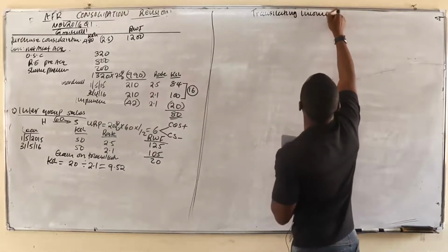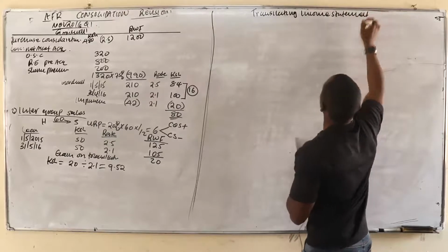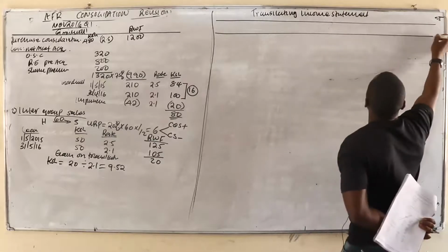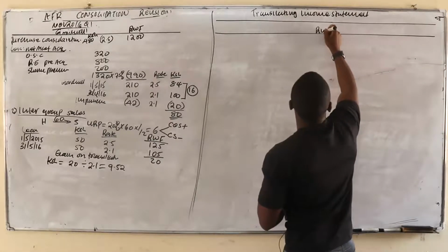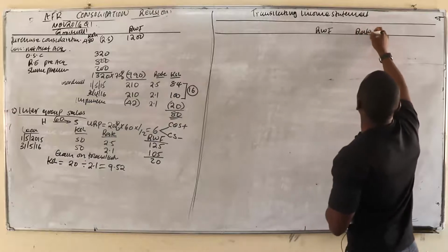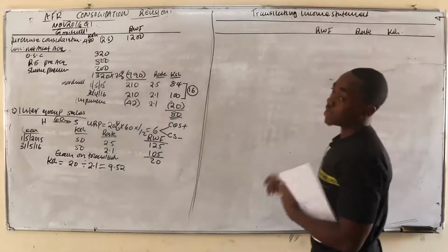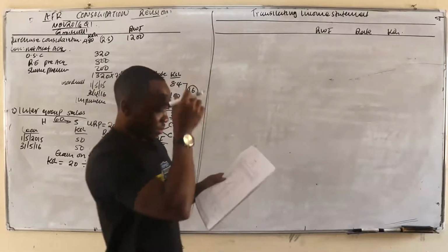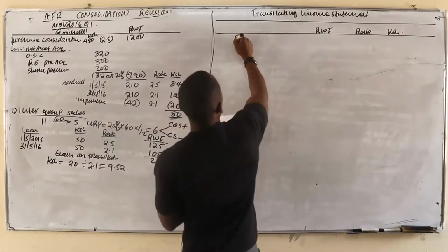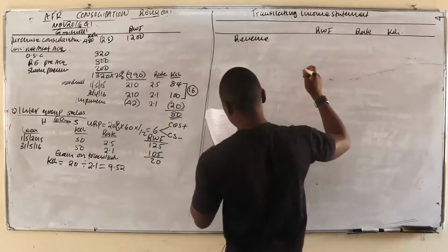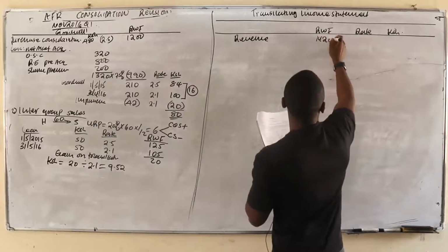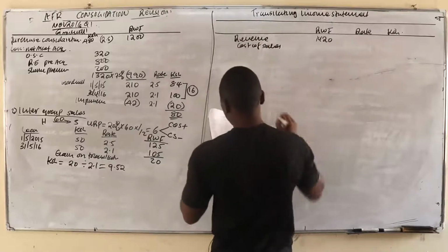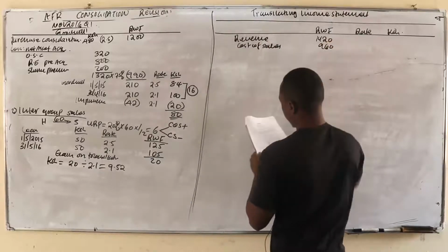Translating income statement. How do I translate? So Rwandese franc rate, we get them in Kenyan shillings. Let's go to the income statement. What do we have? We have revenue. How much is the amount? 1420. Then there is cost of sales, an amount of 960.